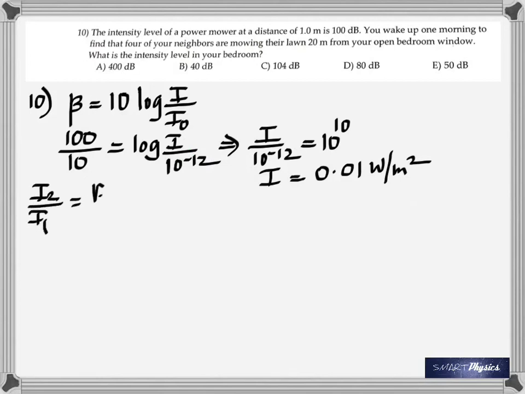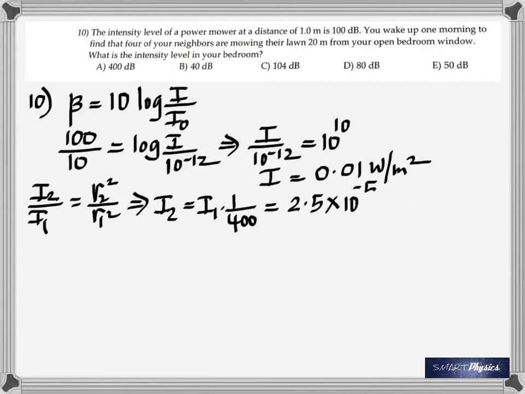Now consider the distance factor, and it's an inverse square ratio, as you can see. And the distances are 1 meter and 20 meters. So you end up with 1 by 400, because 20 squared is 400. So now the effective intensity is really 2.5 times 10 to the negative 5. But you have 4 of them.